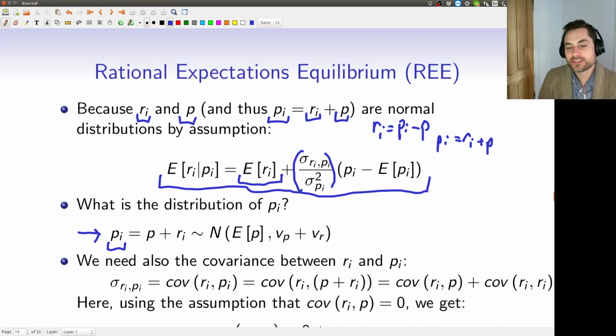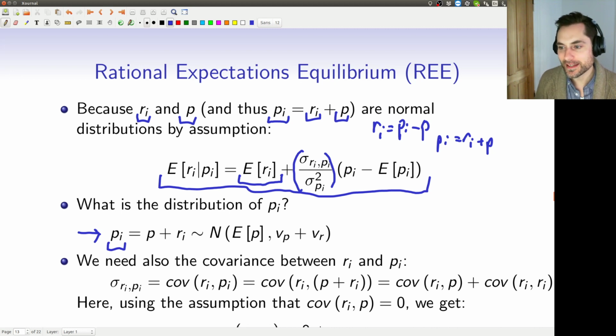So this isn't something I'm deriving. You can find the derivation online, that if you have a multivariate normal distribution, then the conditional distribution is linear. But you can see how this works too. Suppose that Ri and Pi are very correlated.